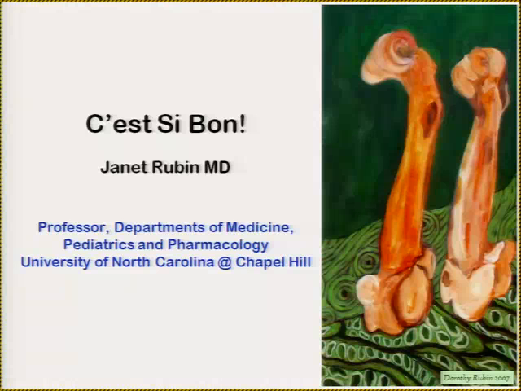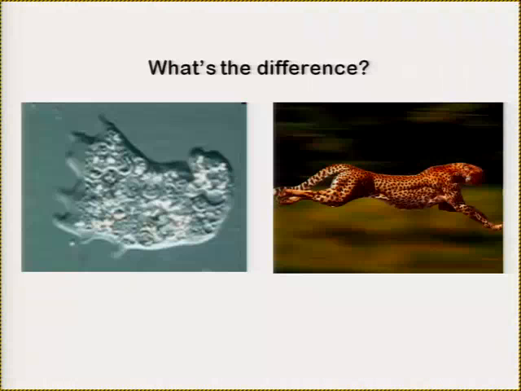So it's pretty obvious that I'm going to be talking about bone today, which is the skeleton, my favorite subject. But I want to step back and re-enter thinking about bone. So I thought I'd pose a series of questions for you.